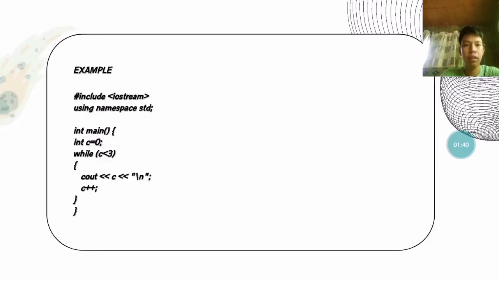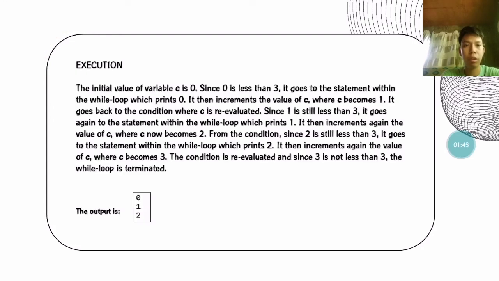Example. For this code, the execution is: the initialization value of the variable c is 0. Since 0 is less than 3, it goes to the statement within the while loop, which prints 0. Then it increases the value of c, where c becomes 1. It goes back to the condition where c is reevaluated. Since 1 is still less than 3, it goes again to the statement within the while loop, which prints 1.